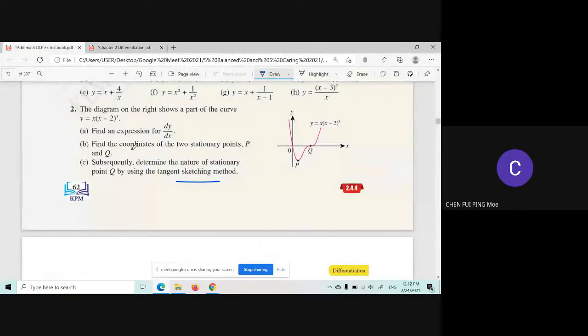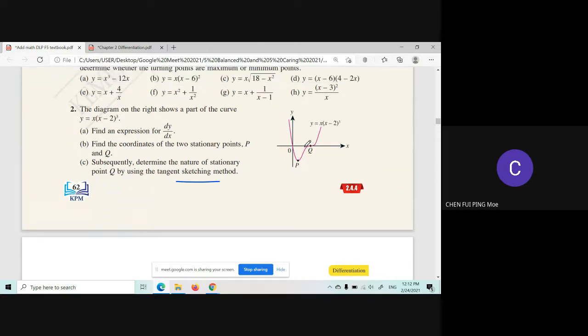By sketching. Subsequently, determine the nature of stationary point Q. Okay, this Q. By using tangent sketching method. Okay, what do you mean by tangent sketching method? At this point, you have this, right? This is equation of tangent. So this one is tangent sketching method.